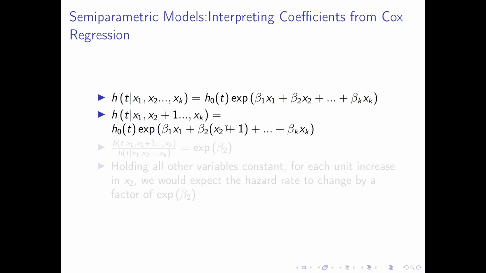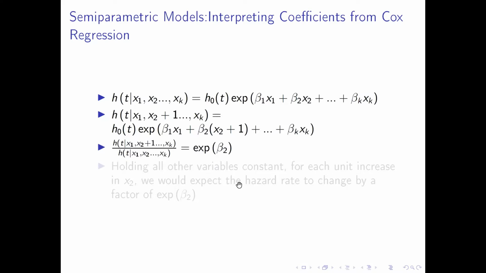Then we take the ratio of this new hazard function to the initial hazard function in the denominator, and we get the exponential function of the coefficient corresponding to the generic covariate x2.